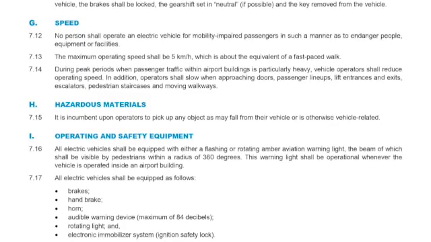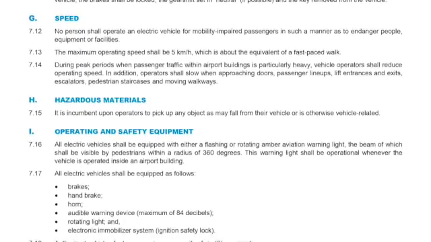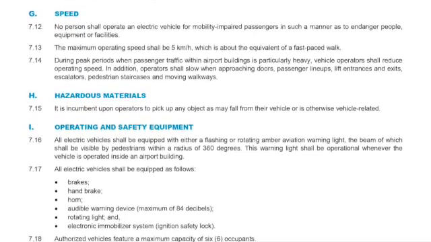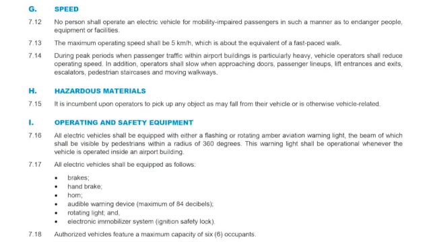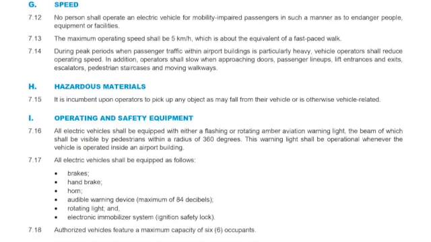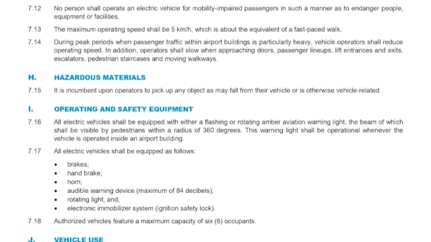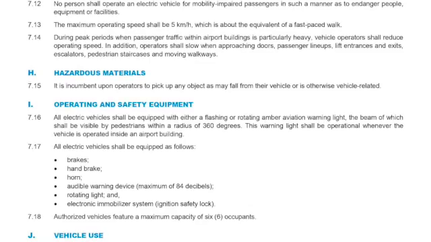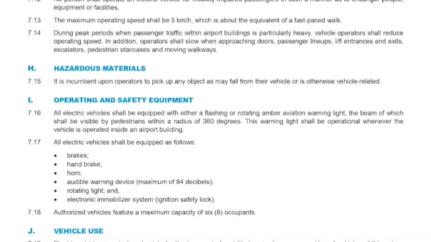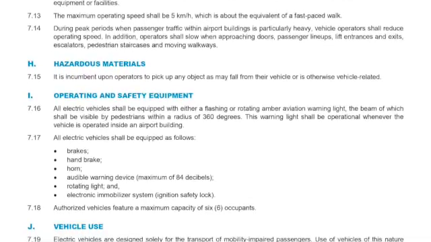I. Operating and safety equipment. 16. All electric vehicles shall be equipped with either a flashing or rotating amber aviation warning light, the beam of which shall be visible by pedestrians within a radius of 360 degrees. This warning light shall be operational whenever the vehicle is operated inside an airport building. 17.